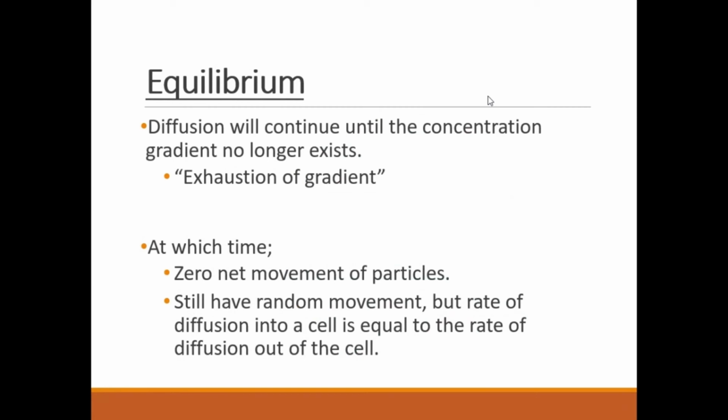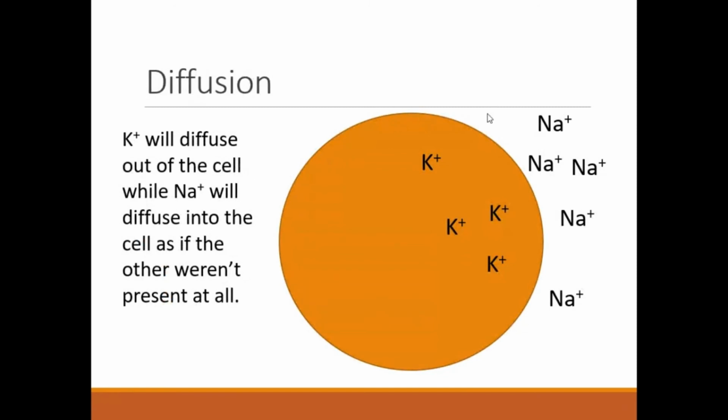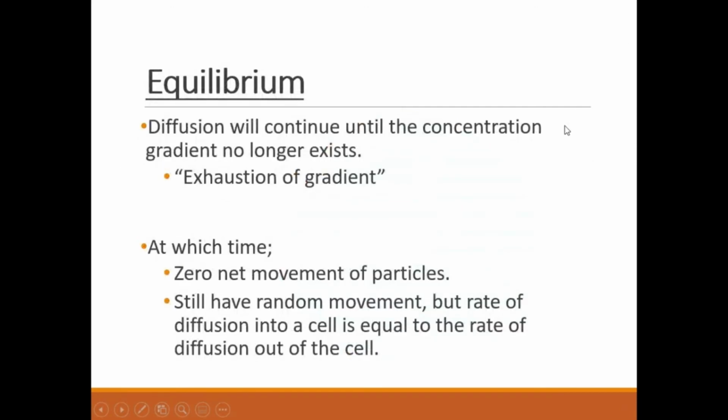They will continue to move across the membrane until they reach equilibrium. So there'll be 2 potassiums inside, 2 potassiums outside, 2 sodiums inside, 2 sodiums outside. Once we reach that equilibrium, they will still be able to randomly move across the membrane, but they will very likely trade. 1 sodium will leave, 1 will enter, at which point that is considered 0 net transport.